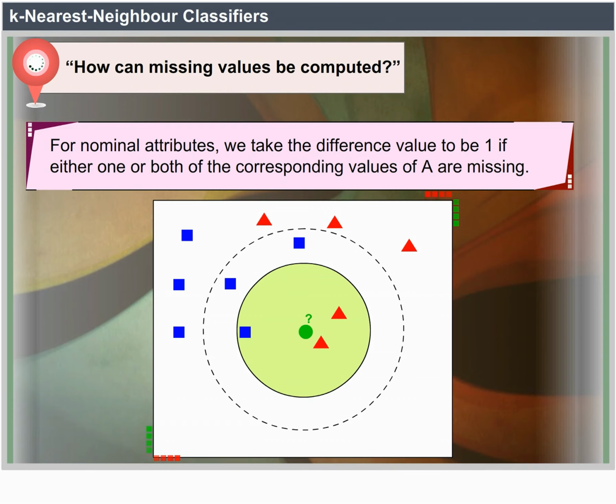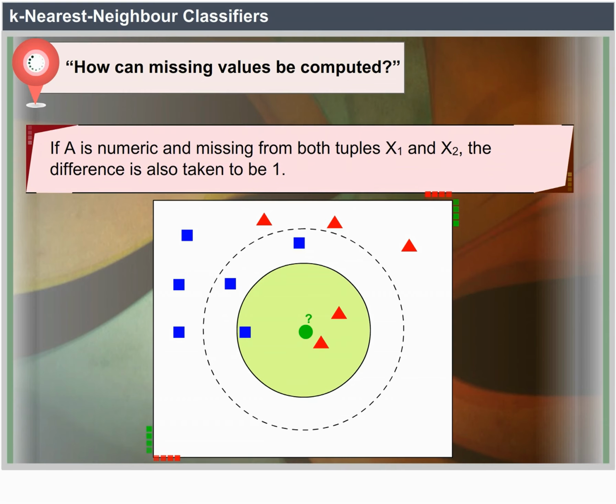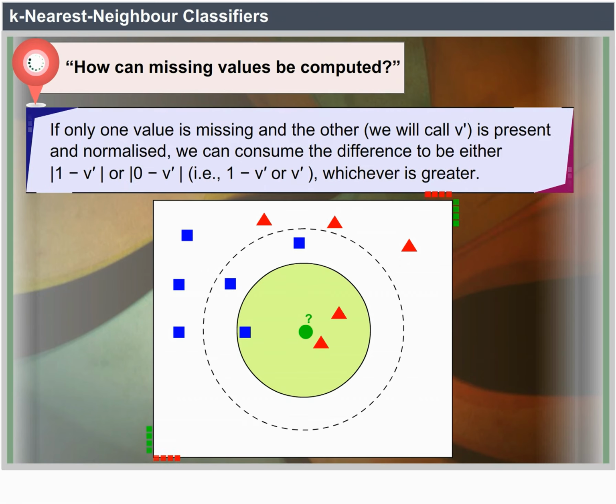If A is numeric and missing from both tuples x1 and x2, then the difference is also taken to be 1. If only one value is missing and the other, which we will call v', is present and normalized, then we can take the difference to be either 1 minus v' or 0 minus v', that is, 1 minus v' or v', whichever is greater.